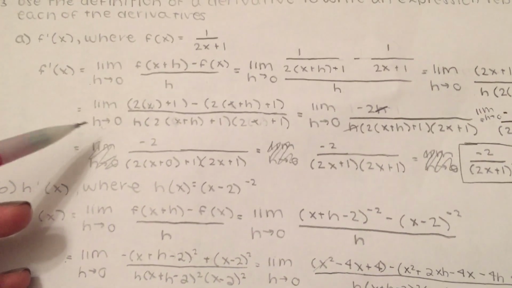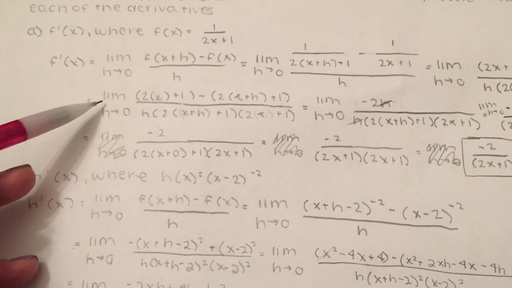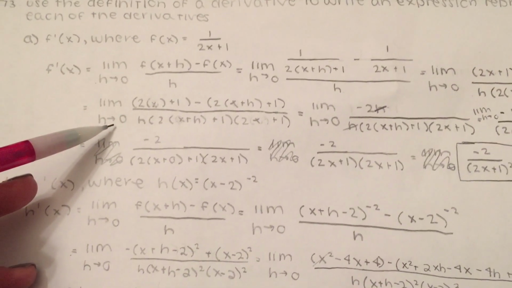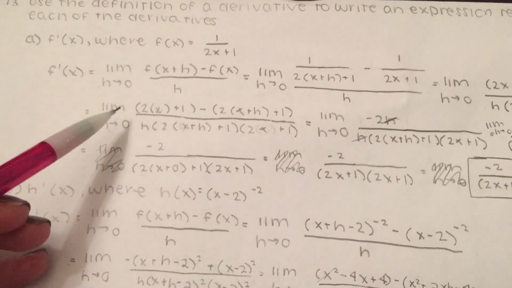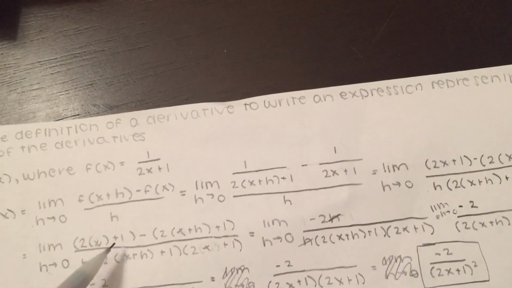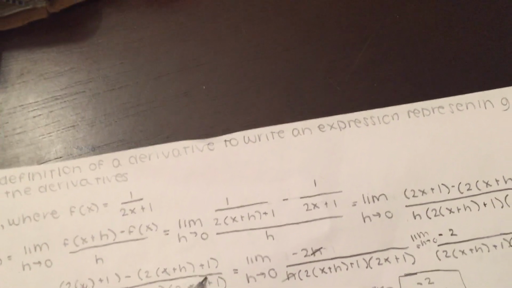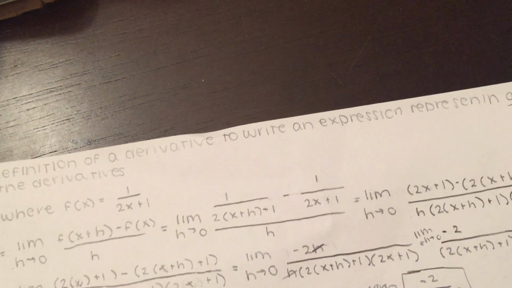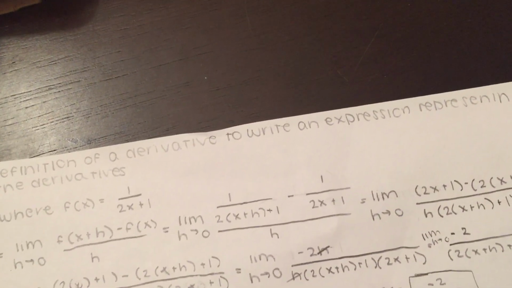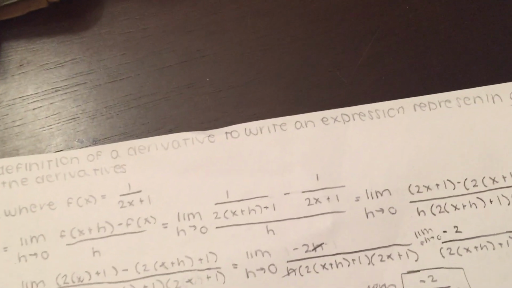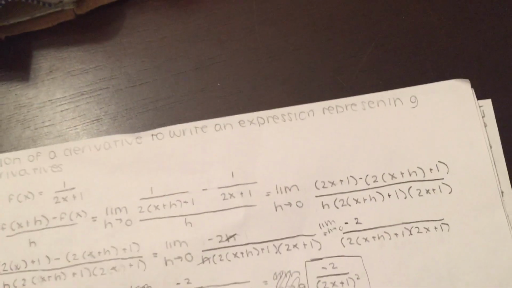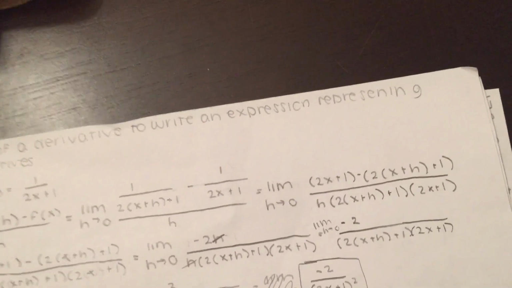Expand that out, so it becomes the limit as h approaches 0 of 2 times x plus 1 minus 2 times (x plus h) plus 1, and then h times 2(x plus h) plus 1 times 2x plus 1.